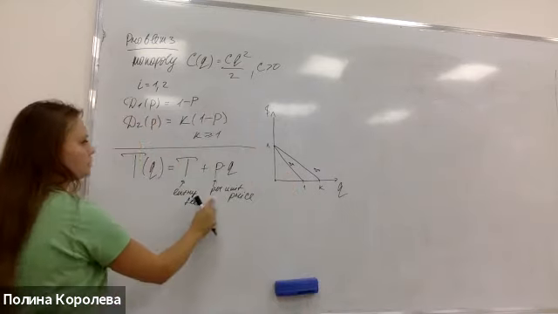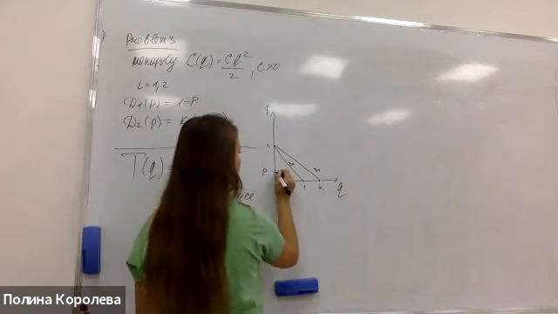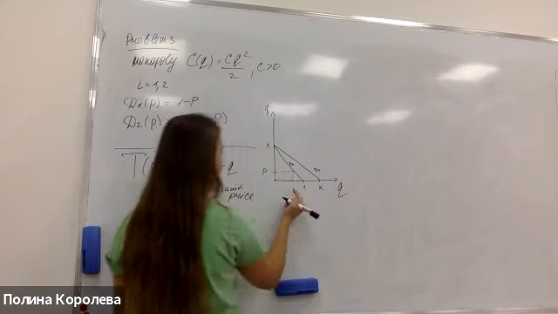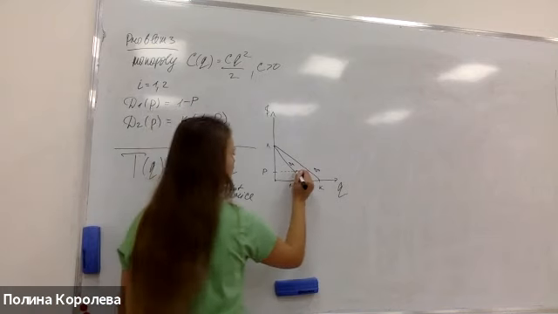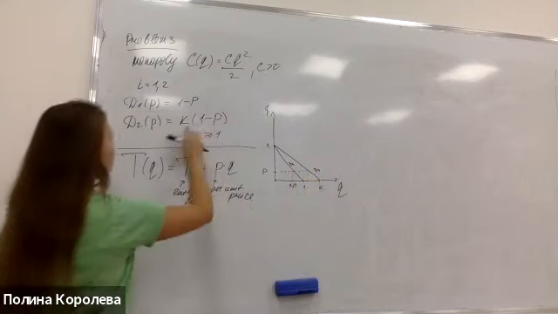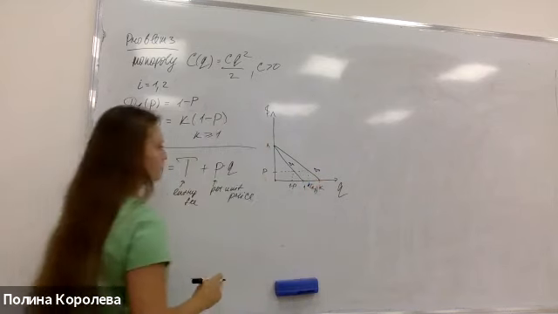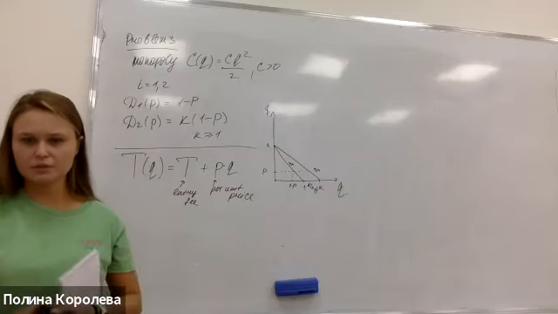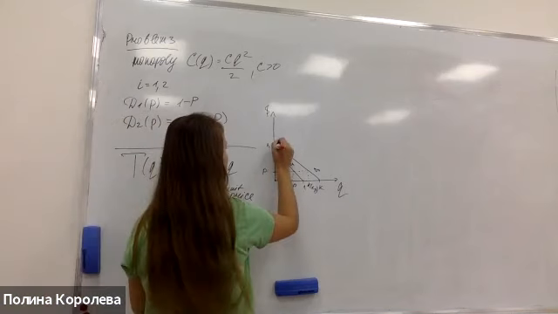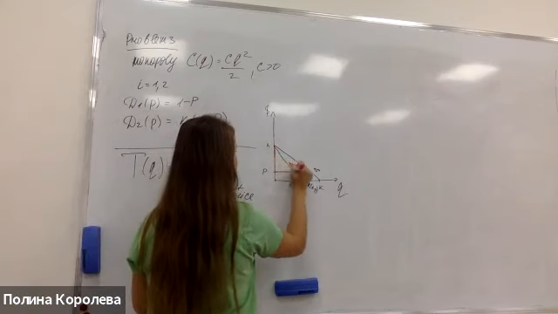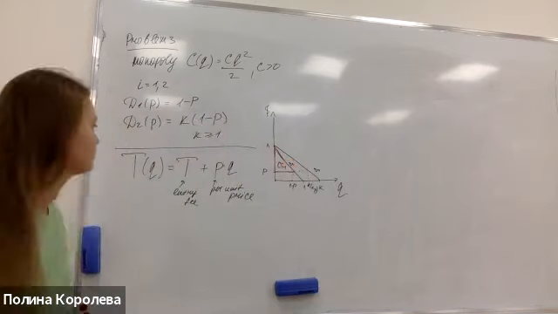If we set a per unit price, for example, here, how much will be bought by each consumer? The first consumer will buy 1 minus P. And the second consumer for such price will buy K multiplied by 1 minus P. So we can count consumer surpluses as the area of a triangle. This is consumer surplus for the first consumer, easy.